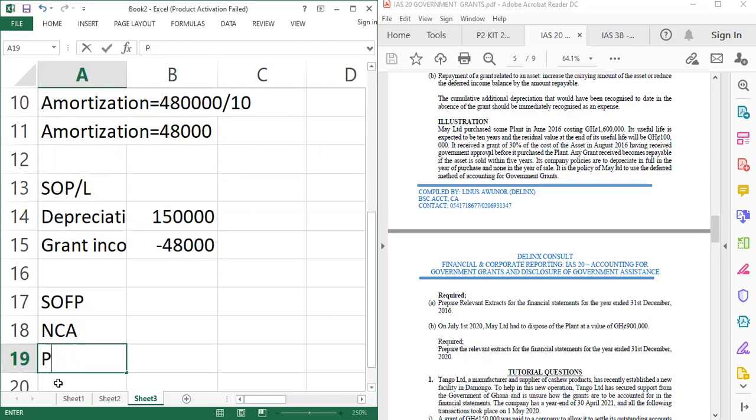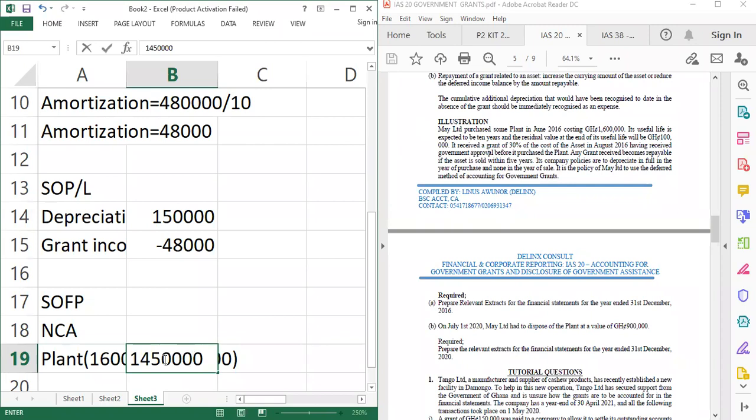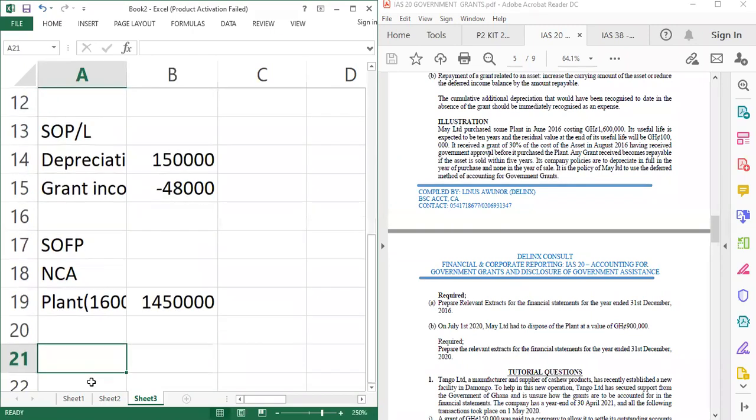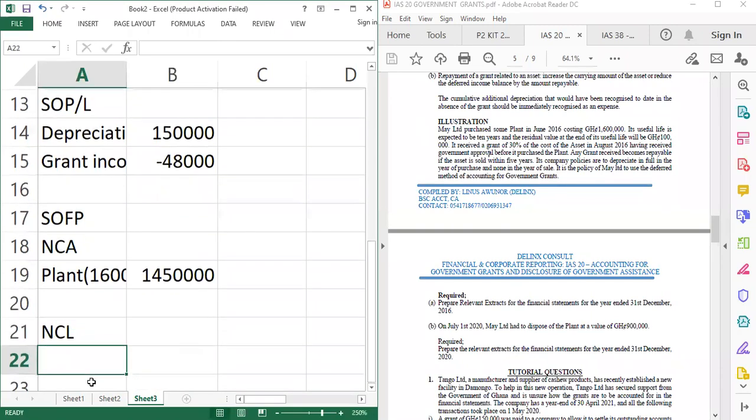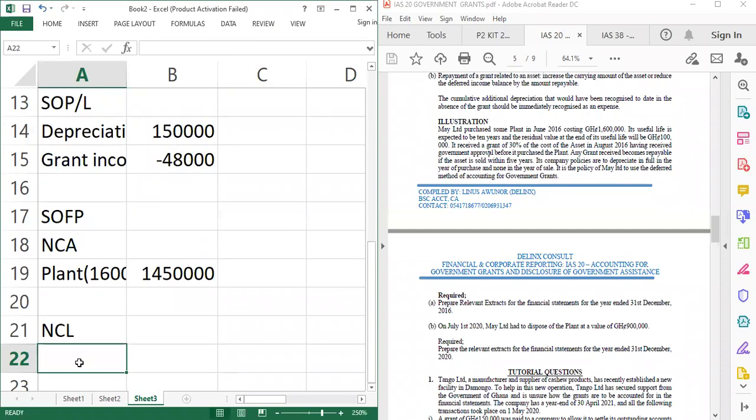The amount for the plants will be the total cost minus accumulated depreciation: 1.6 million minus 150,000, which gives 1,450,000. Then for non-current liability, we keep the deferred income, or deferred grants.